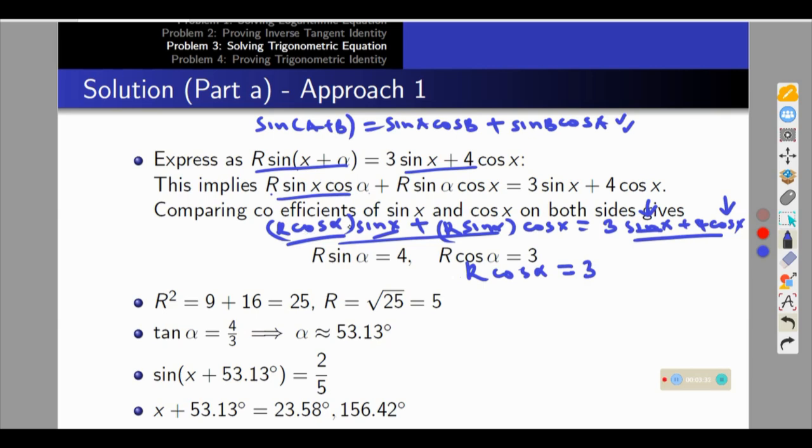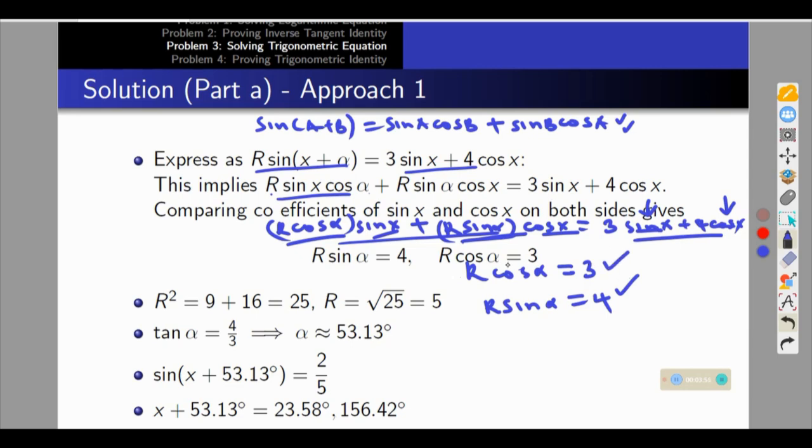And for the coefficient of cos x, on the left hand side we have r sine of alpha, and on the right hand side we have 4. So you have r sine alpha equal to 4 and r cos alpha equal to 3.